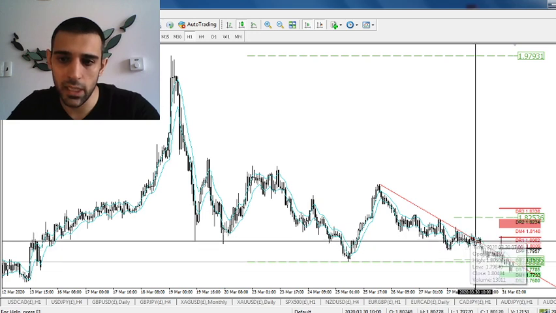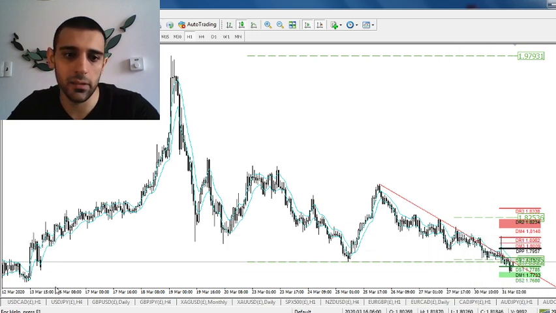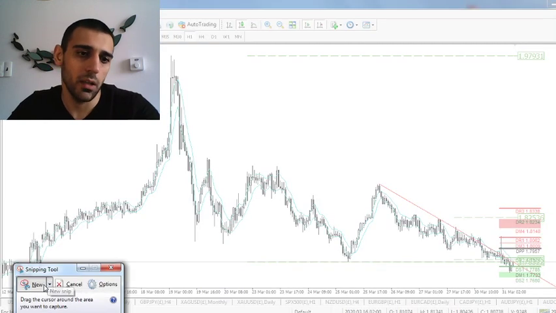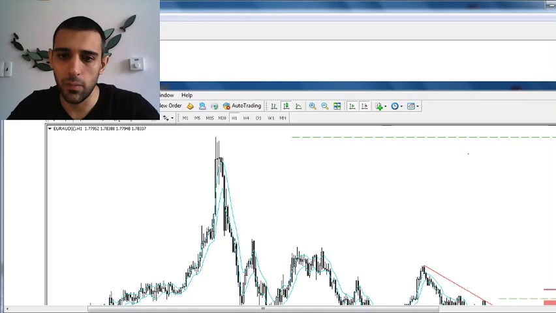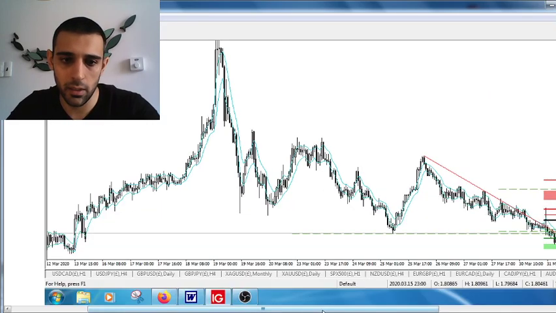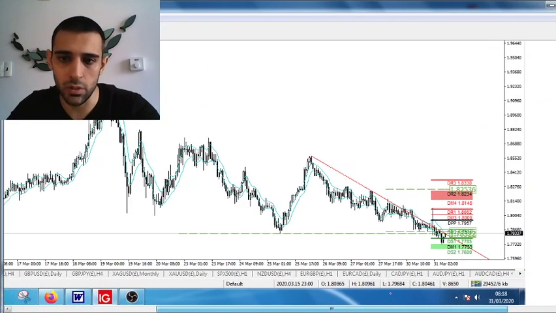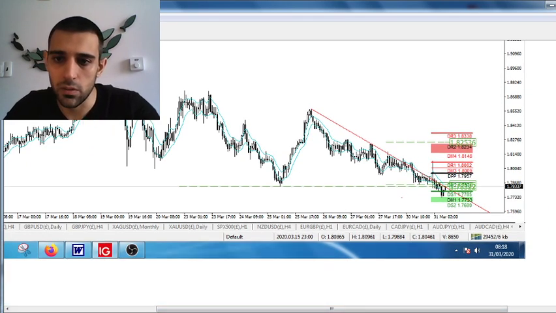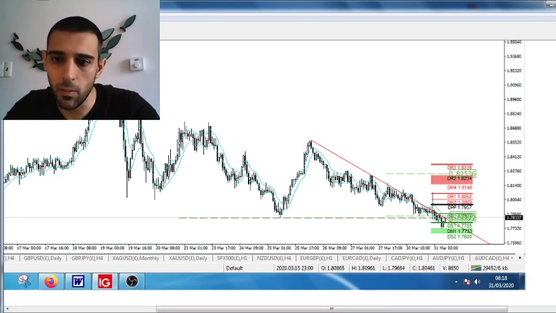So if the price comes up and the candle closes nicely, I pay a lot of attention to how the candles perform, and I think a lot of traders should if they want to survive in the markets.